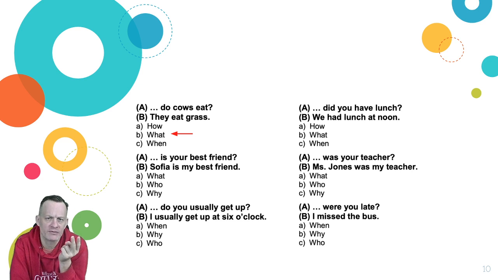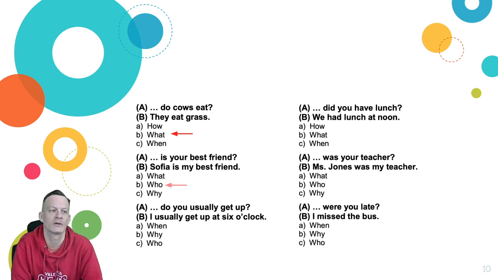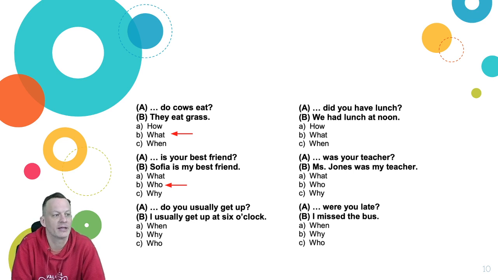Who is your best friend? Or why is your best friend? Are we asking about a thing, a person, or an explanation? That's right, a person. So who is your best friend? Good.